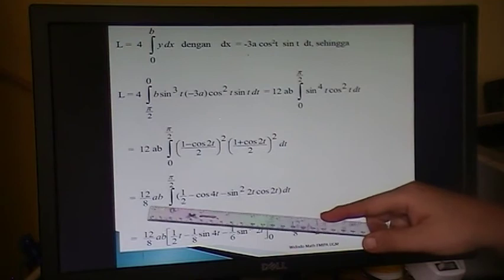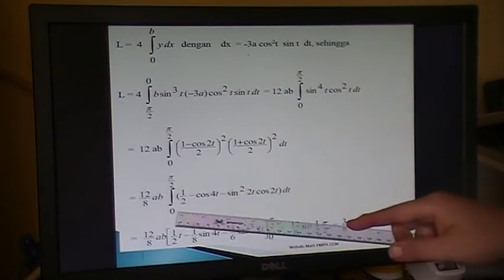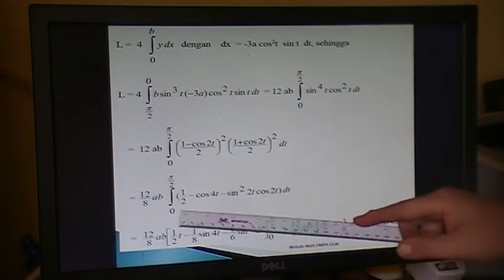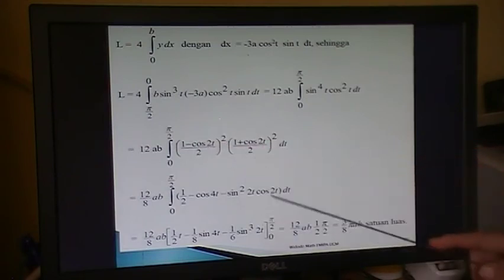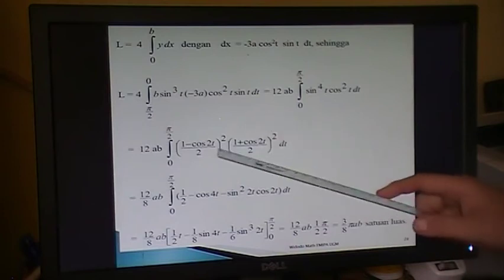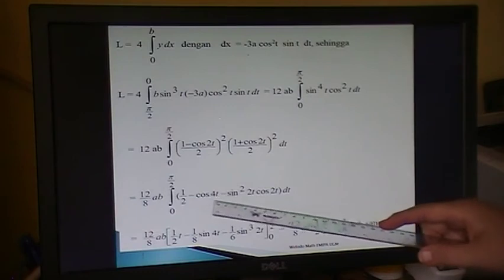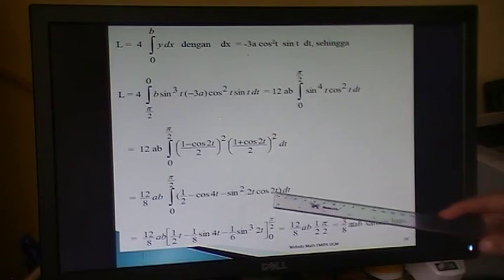12 divided by 8, a times b, integral from 0 to pi divided by 2 of this square. If you calculate this square, then it becomes 1 over 2 minus cos 4t minus sin squared 2t cos 2t dt.